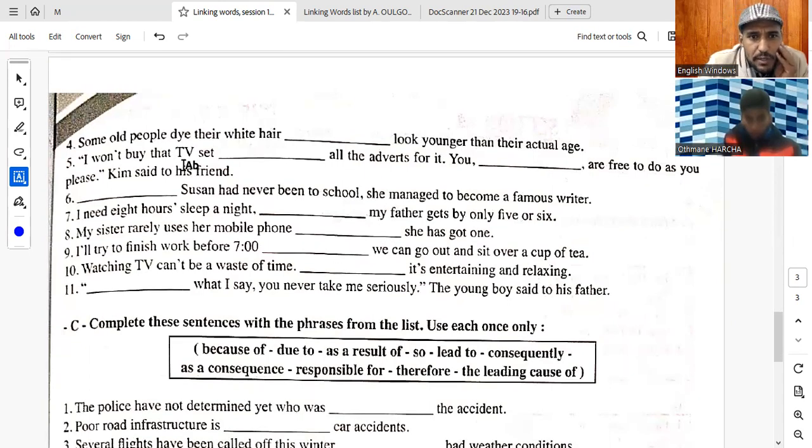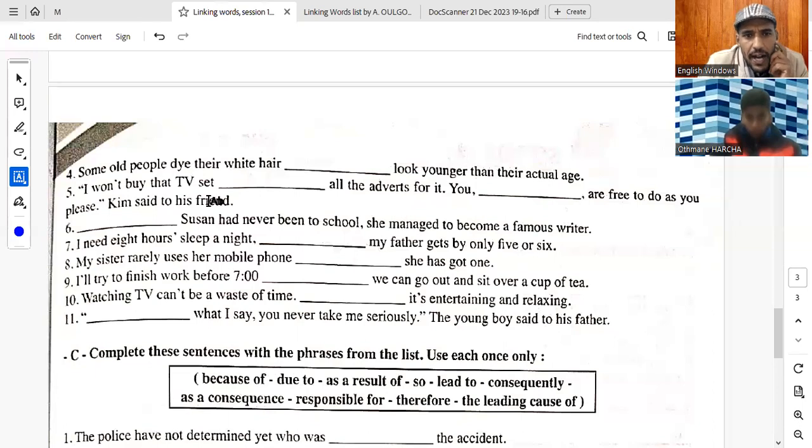We have here some old people dye their white hair, look younger than their actual age. Yes. Let's try to understand what the function is that we have here. What's the function that we have? Dyer, right? So we see here dyer.